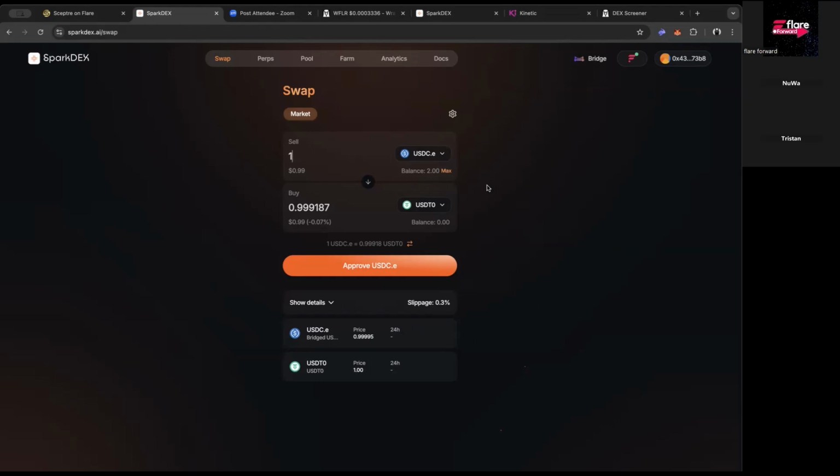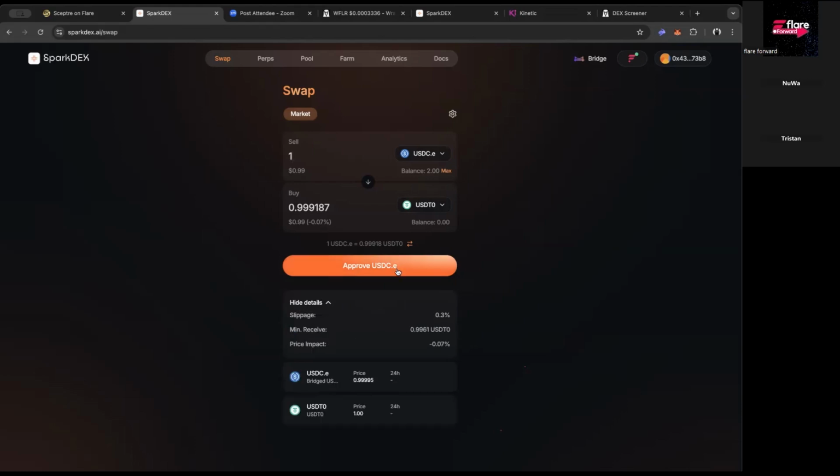Definitely. Very interesting nonetheless. Because as an average consumer, I can see where you get really lost really quick with the different variations of assets. You really have to stay on top of these new developments. So approve USDC.